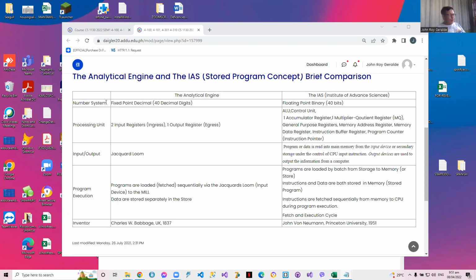What if you will say we will change the Jacquard loom to a very fast hard disk? Will that solve the problem? Anyone? Tony? Will that solve the program execution problem if we are going to change the Jacquard loom with a fast device? I guess so, sir. Okay.